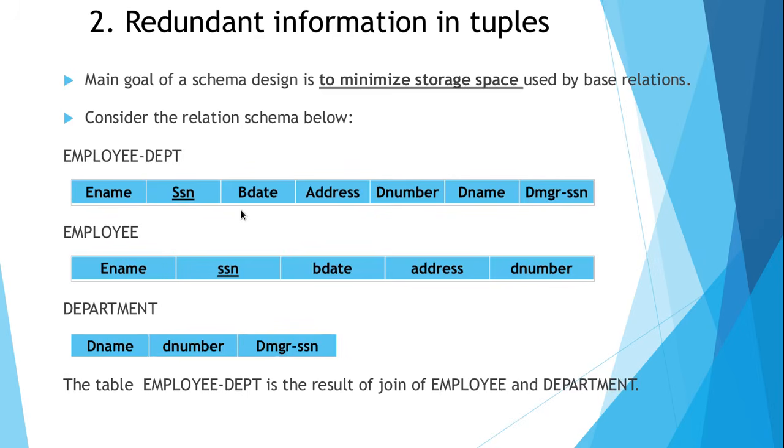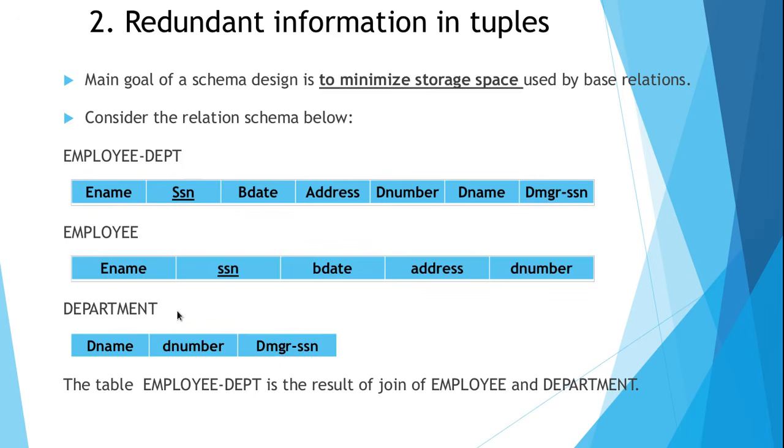Now the second point, that is redundant information in tuples. We know the main goal of using a database itself is to minimize redundancy or minimize the storage space used by the relation. Consider the following examples. First table is employee department, which is the result of a join operation of the employee and department relations.